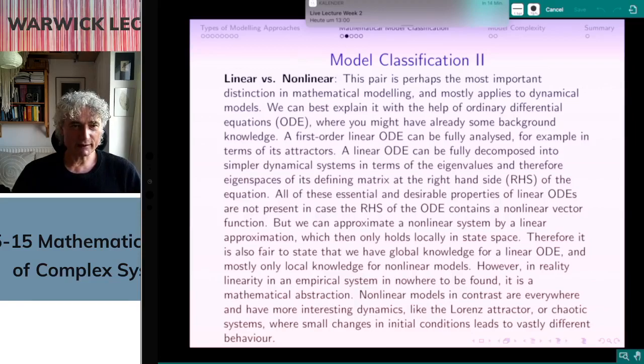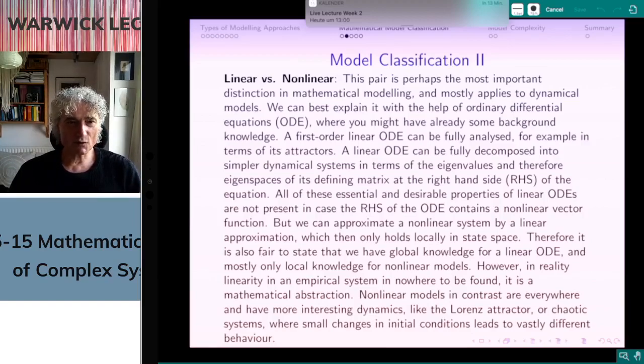And you can imagine, if you really think your real-world system is of linear nature, then it will be very, very easy to parameterize your model, because you really know that your structure is finite. You have a global a priori knowledge about all possible movements the system can make, and therefore it will be very, very easy to parameterize such a model. Now go to the nonlinear situation. In this case, it's much, much more complicated.